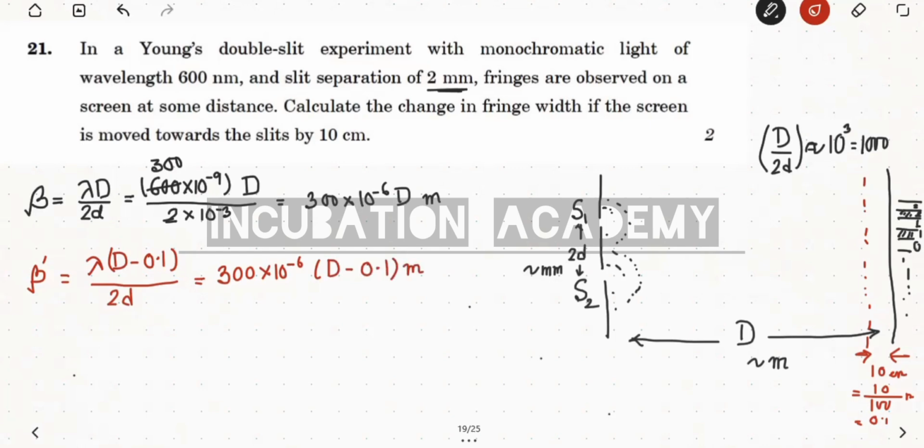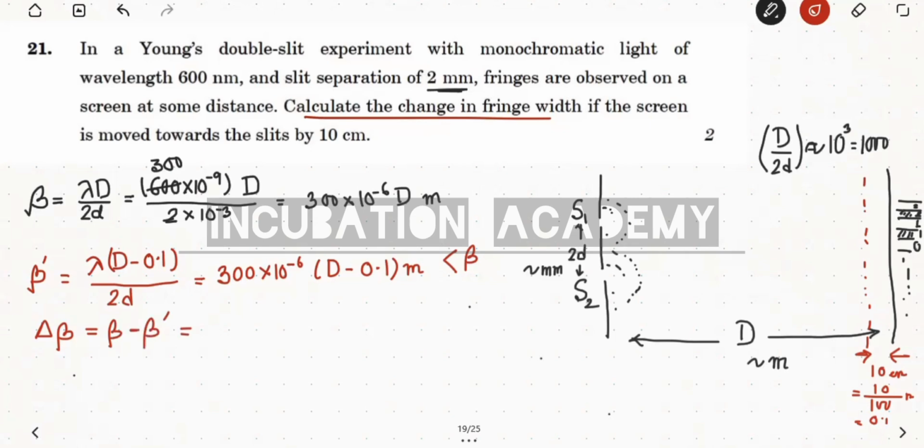Calculate the change in the fringe width if the screen is moved towards the slit by 10 centimeter. Obviously D is in the numerator of the expression of the fringe width, so if D has decreased, beta prime is less than beta. Now the change in the fringe width is beta minus beta prime.